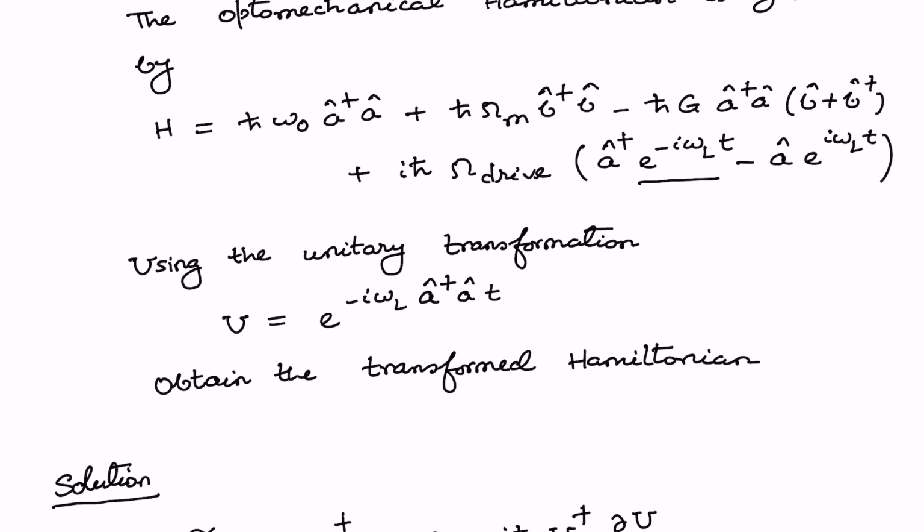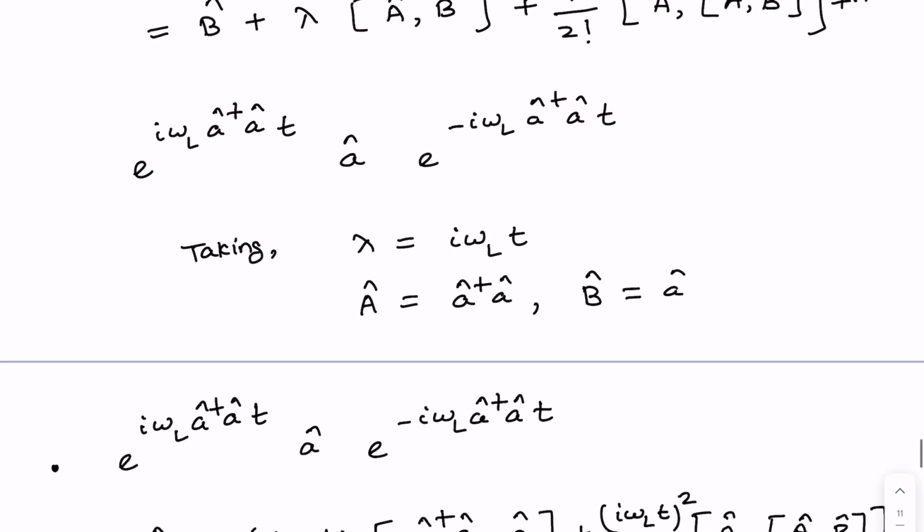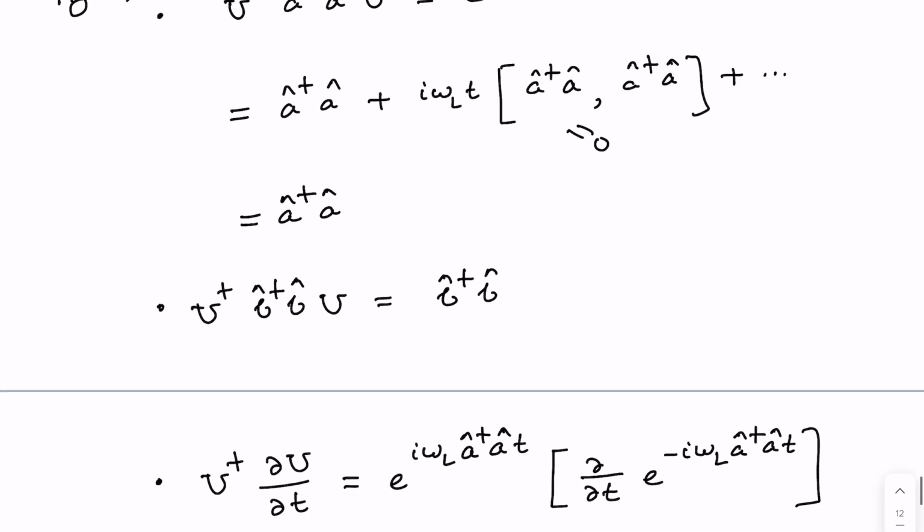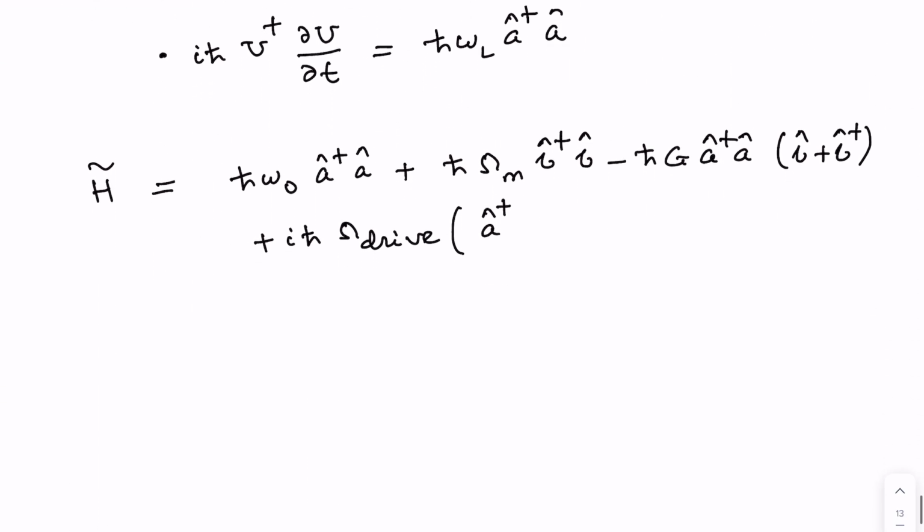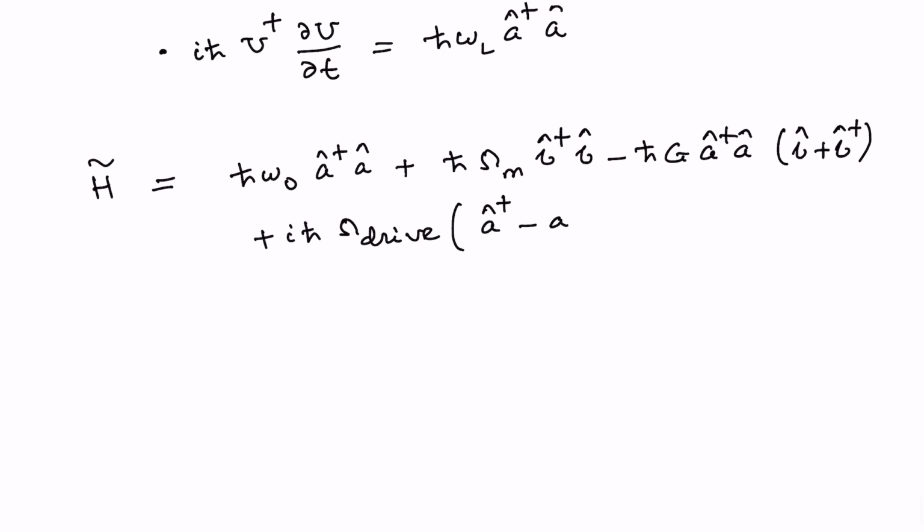So these two terms are going to get cancelled out. Therefore you will be left with only a dagger minus a, and from the last term you are going to have minus h bar omega_L a dagger a.